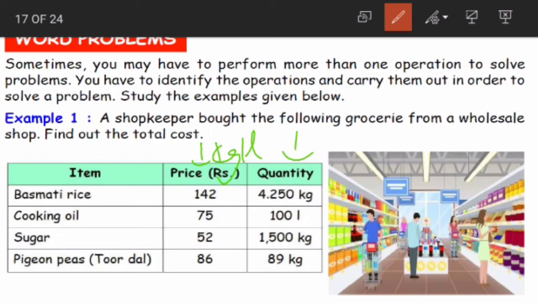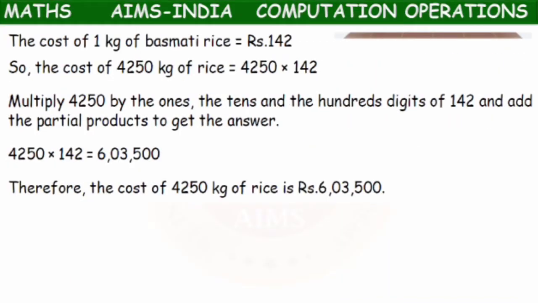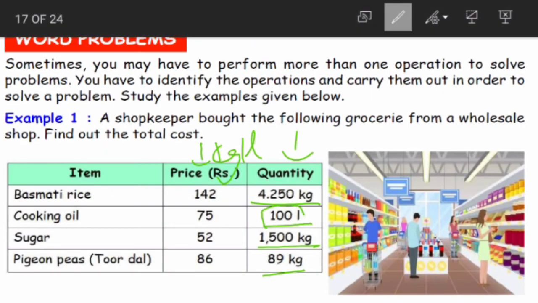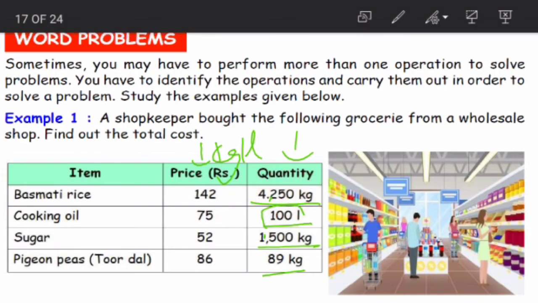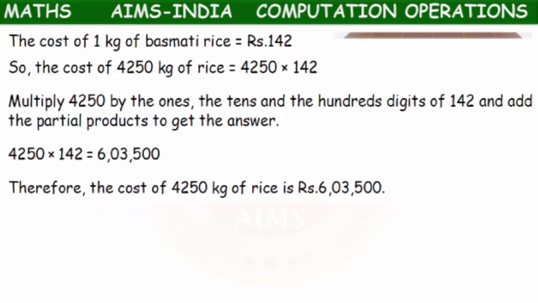But if you look at the quantity, the shopkeeper has purchased so many kilos and so many liters. So how to find out the total cost? First, the cost of 1 kg basmati rice is 142 rupees. Now we should find out the cost of 4,250 kgs of basmati rice.